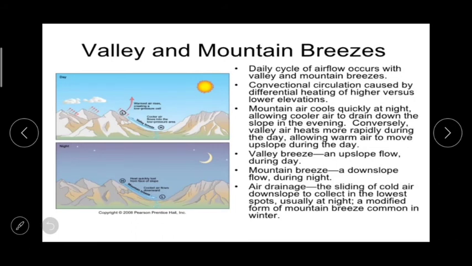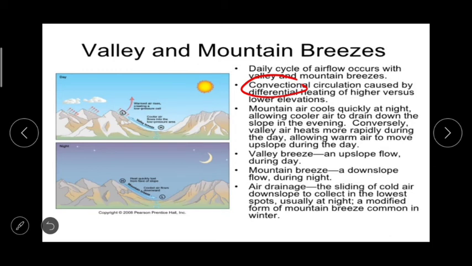Valley and mountain breezes. Daily cycle of airflow occurs with valley and mountain breezes. Convectional circulation caused by differential heating of higher versus lower elevations. So the mountain air cools quickly at night, allowing cooler air to drain down the slope in the evening.